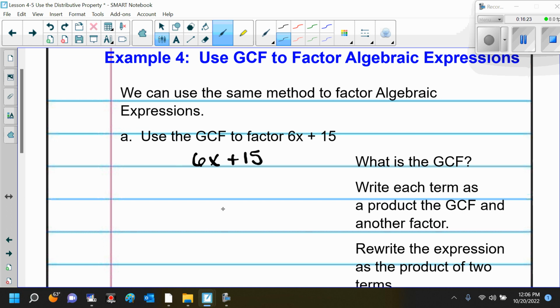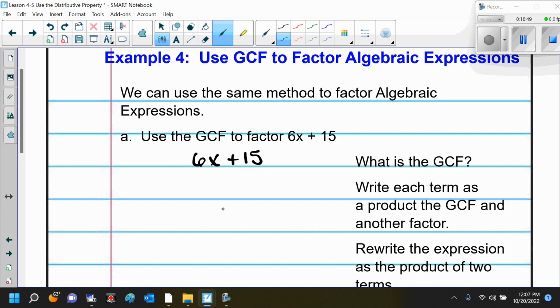Now, we want to know what the greatest common factor is. Right now, you're only going to have a variable on one of your terms. When you progress to the next level and the next level, you're going to possibly have 2 or 3 different variables in different terms. So you need to know how to do the very basic right now, okay?